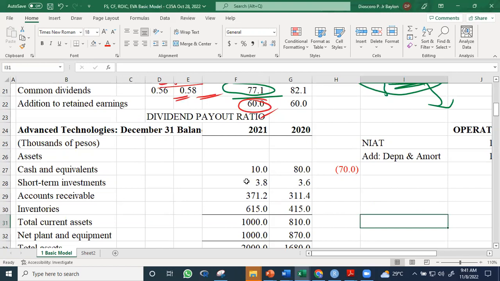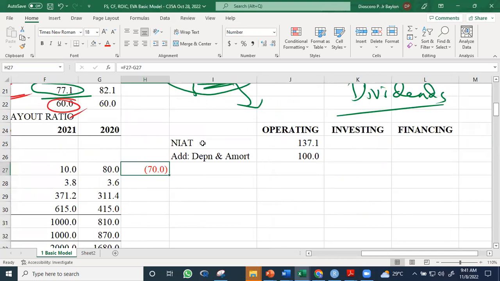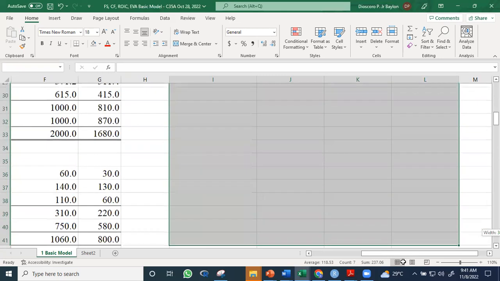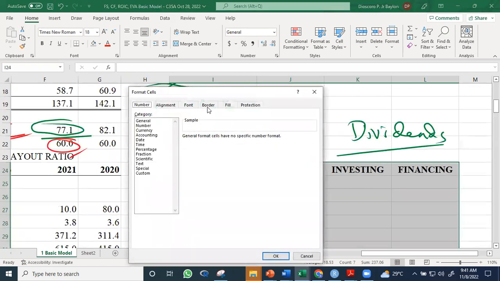Of course, we're not going to include cash because this is what we're going to investigate. What will happen is that anything here, let me just put a border to that.